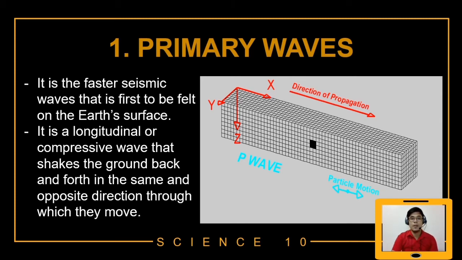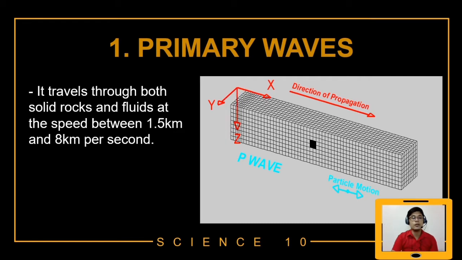So that's the primary wave, and it also travels through both solid rocks and fluids at the speed of 1.5 to 8 kilometers per second. So take note, primary waves travel through both solid rocks and fluids. So basically, it travels through all the layers of the Earth.